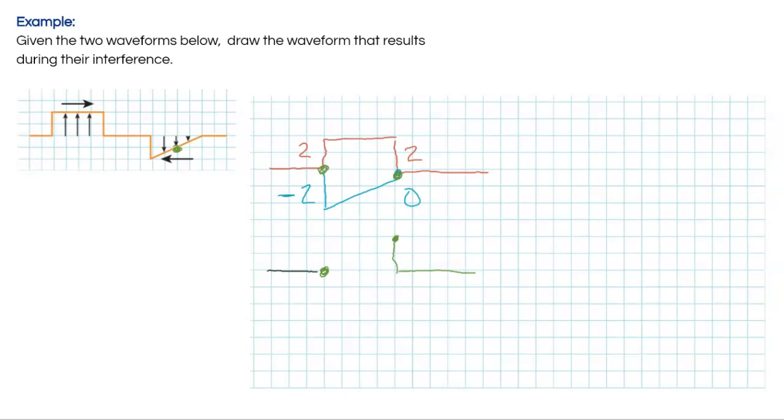So that should really be like right here. 1 down and 2 up. And so if I go up 2 and down 1, that means I am at 1. So 2 over, I'm at, oopsies, wrong spot, right over here. I'm at 1. So that helps me to construct what the 2 waves are going to look like when they're interfering, when they're superimposed.